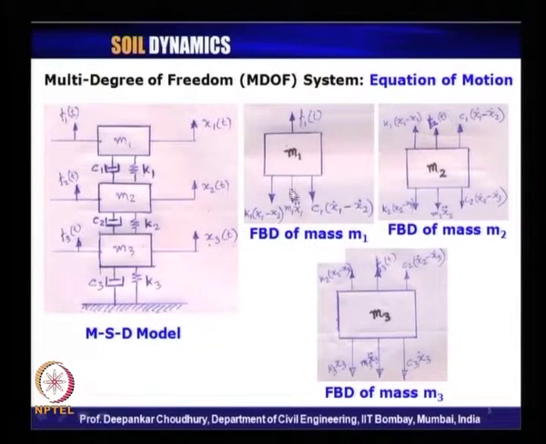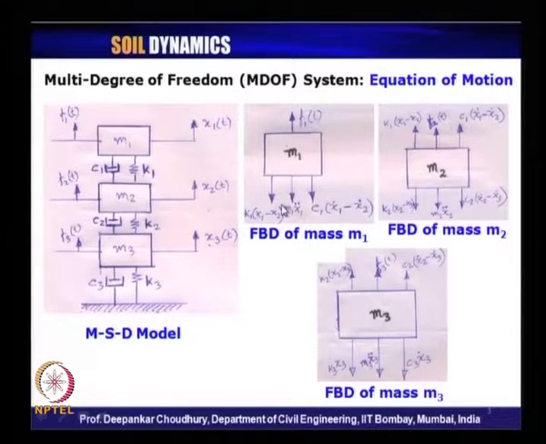the free body diagram for each of these mass m1, m2 and m3, and forces acting for mass m1 are shown here, forces acting for mass m2 are shown here. To maintain the internal equilibrium, we have taken all the forces, and also the forces acting on mass m3 were shown here. Then what we did?